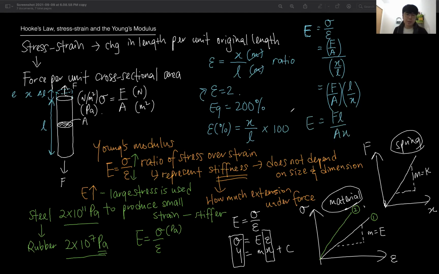This is the Young's modulus formula. Please remember this. You know the force, compression or tensile, okay? Torsion, all those won't be asked. Just compression or tensile. You know the force, you know the area. What is the area here? Cross-sectional area. And the original length plus the extension, you can get the Young's modulus of the material.